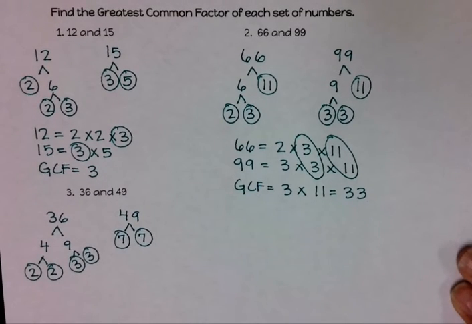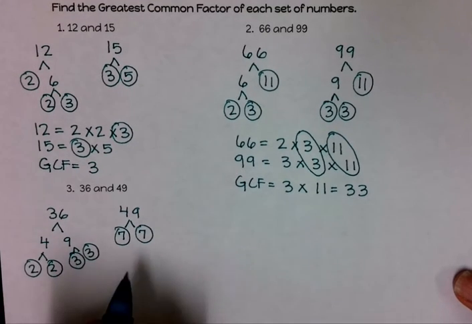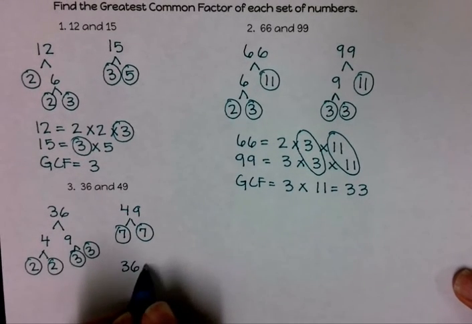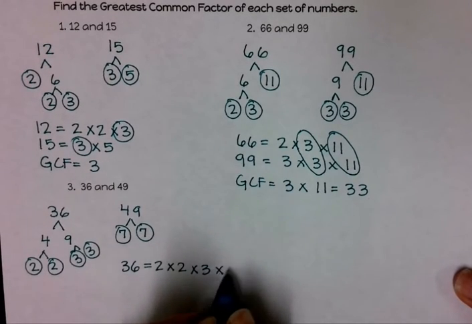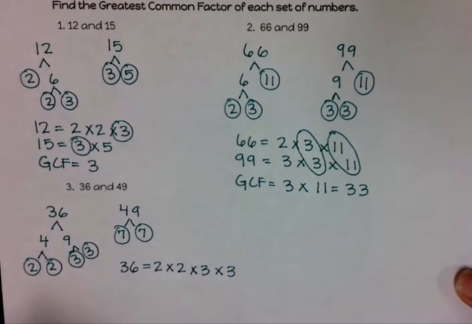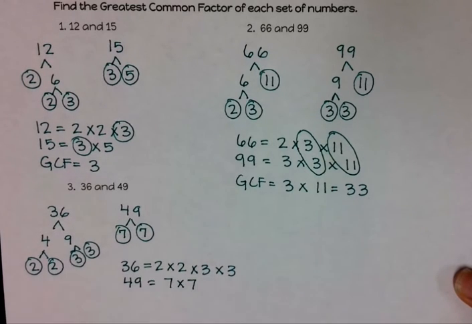Let's see if we got the same answers. So your prime factorization for 36 is going to be 2 times 2 times 3 times 3. And for 49, I have 7 times 7.